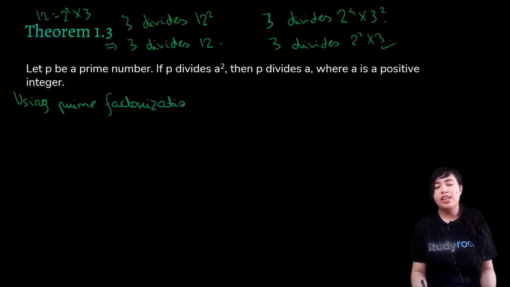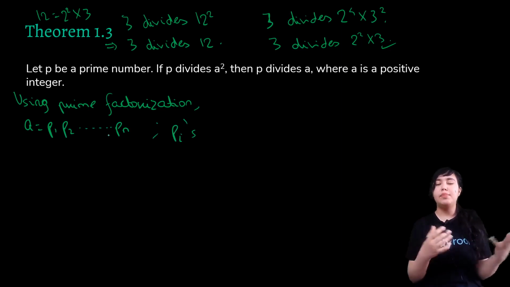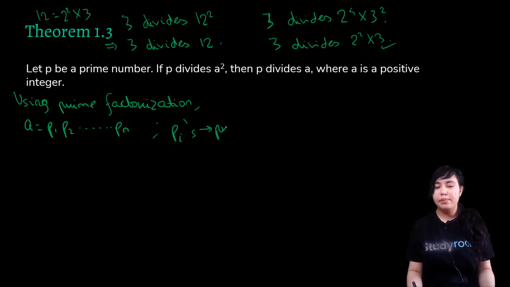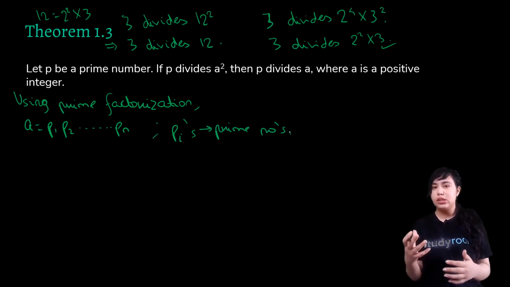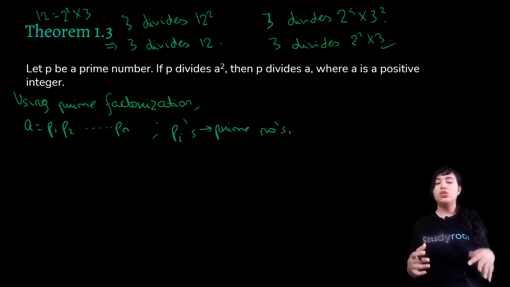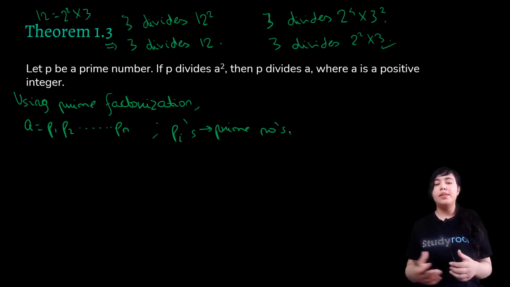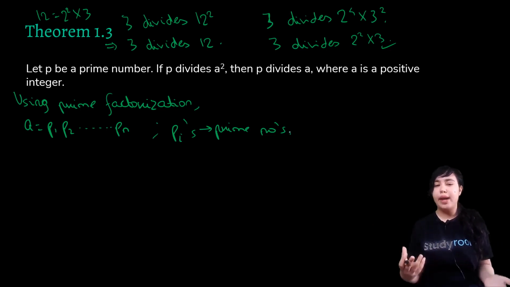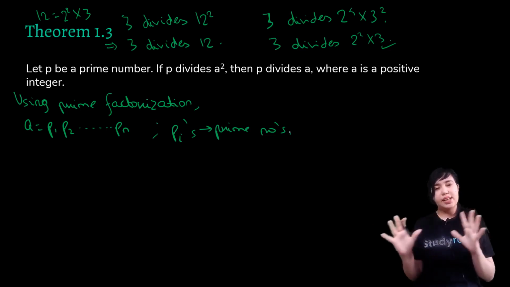So using the prime factorization method, a can be written as p1, p2 going on to pn, where all these pi's, in general, are your prime numbers, and in brackets you can write that they are not necessarily distinct. Distinct means different, which means it's not important for them to be different. It might happen that some prime factors turn out to be the same, and then we make use of exponents and combine them. So you've just written a as this.